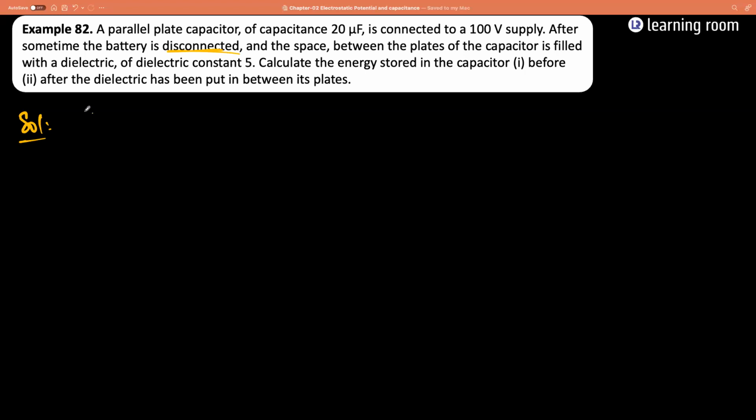So a parallel plate capacitor of capacitance C naught is 20 into 10 power minus 6 farad, connected to a battery of 100 volt. After some time, the battery is disconnected and the space between the plates of the capacitor is filled with a dielectric of dielectric constant 5. Calculate the energy stored in the capacitor before and after the dielectric has been put in between its plates.